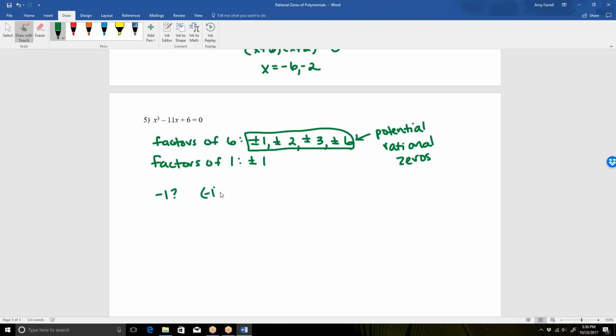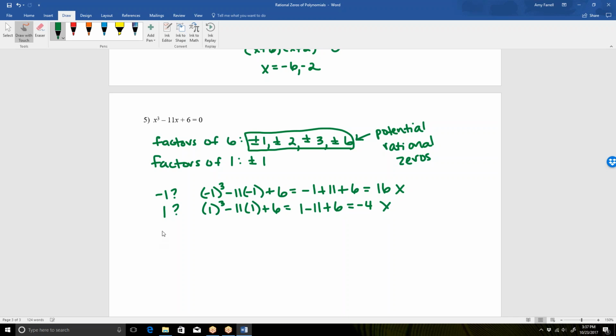Does -1 work? -1 to the third minus 11 times -1 plus 6 is -1 plus 11 plus 6, and this is 16. Doesn't work. I'm looking for 0. Does 1 work? Nope. 1 minus 11 plus 6 is -4.